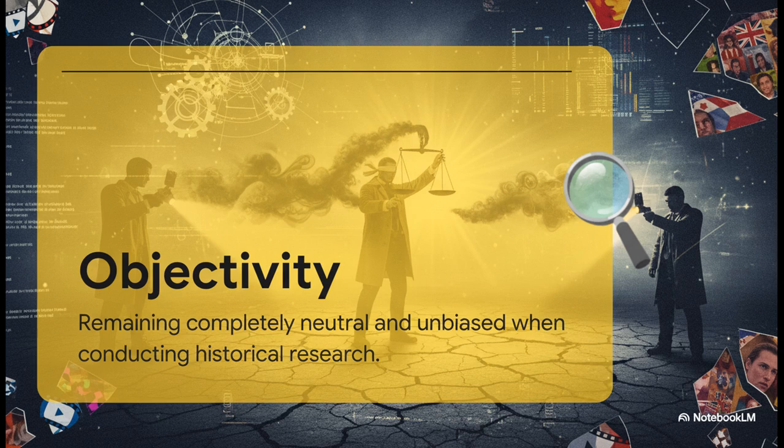Historians must constantly fight their own internal biases, their political leanings, and their personal viewpoints. It is incredibly easy to use a modern lens to unfairly judge a historical event, a concept known as presentism. You have to leave your modern politics at the door. You are here to impartially report the findings of the evidence, period. If you let your own worldview color the facts, you've compromised the entire investigation.